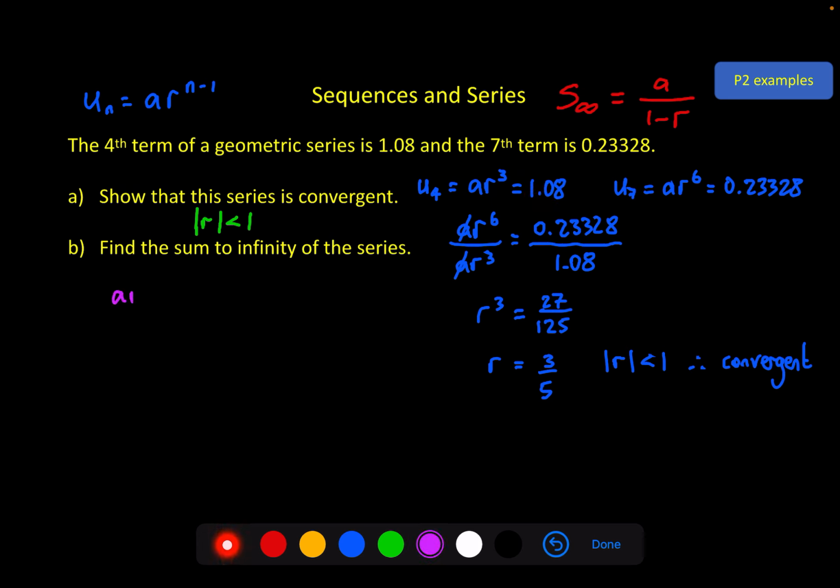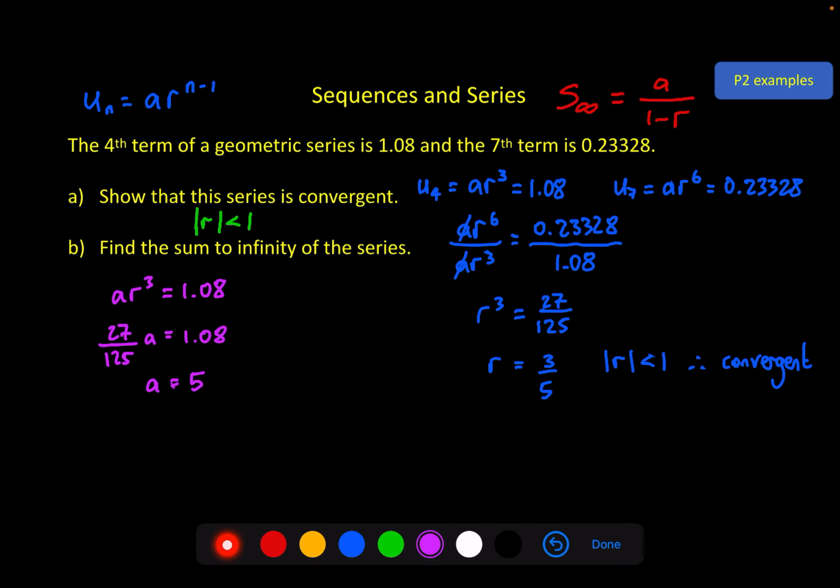So 8 times r cubed is 1.08, so 27 over 125a is 1.08, and if I do that quick calculation, I get another nice number, 5. So a is 5, r is 3 over 5.